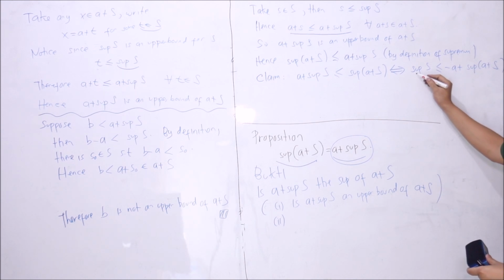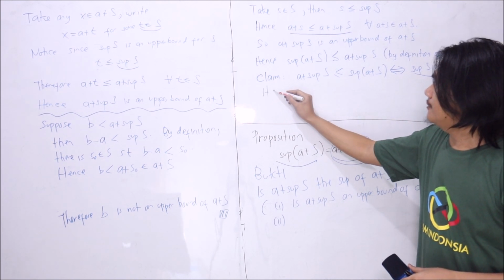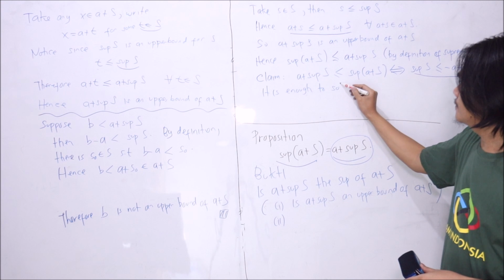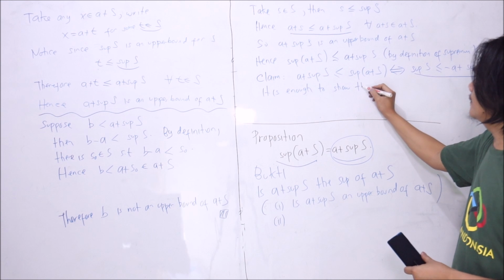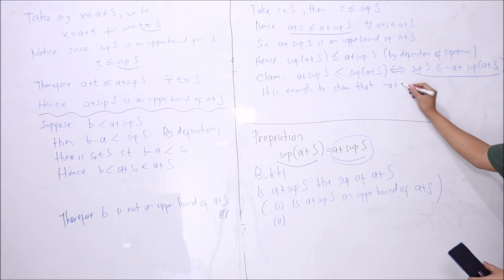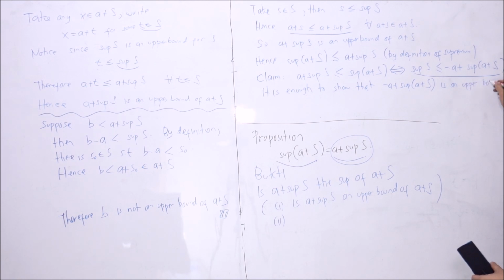And we can show this if we are able to show that minus A plus this. So it is enough to show that minus A plus sup of A plus S is an upper bound of S. Okay? Why is that so?